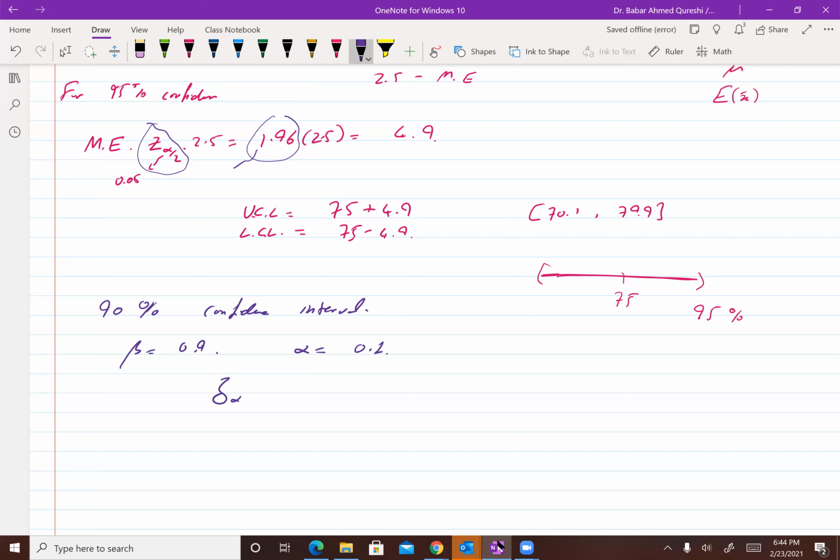So the critical value I'm looking for is for the probability 0.05. That is the probability that this standard variable is bigger than a certain value, this value I'm looking for, so that this probability is 0.05.